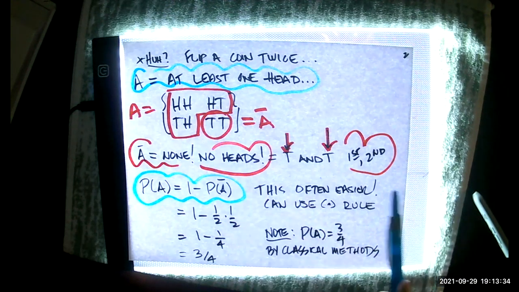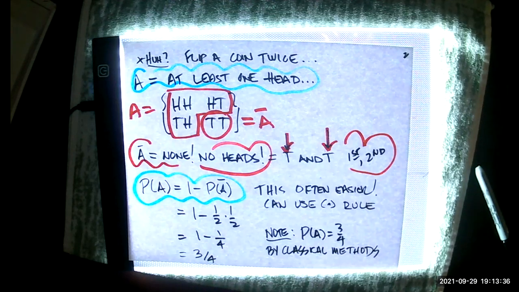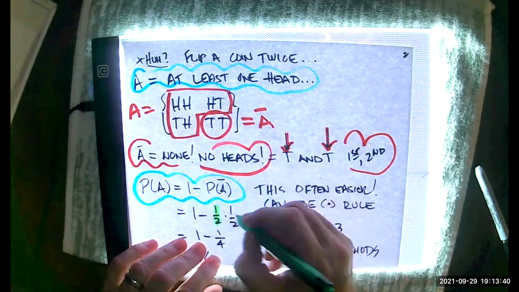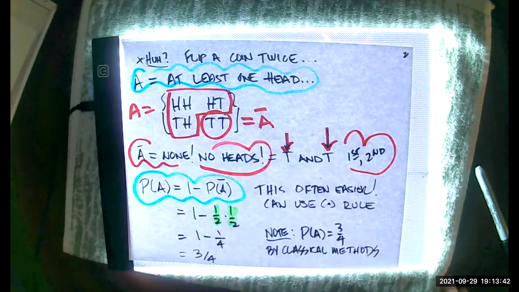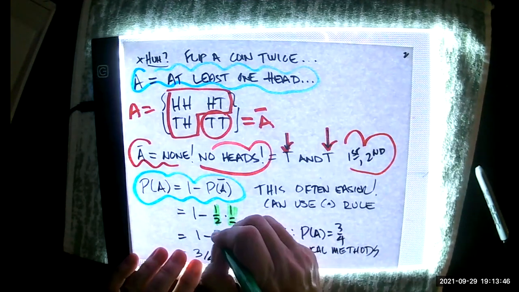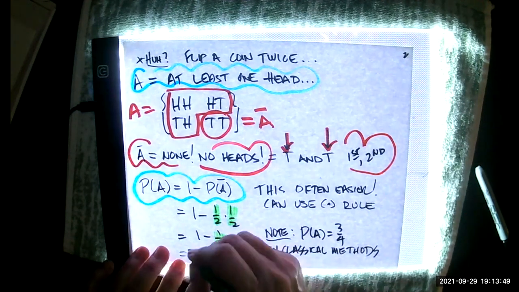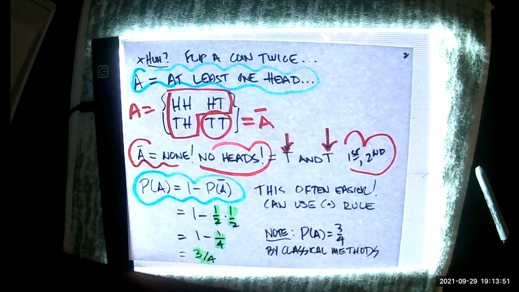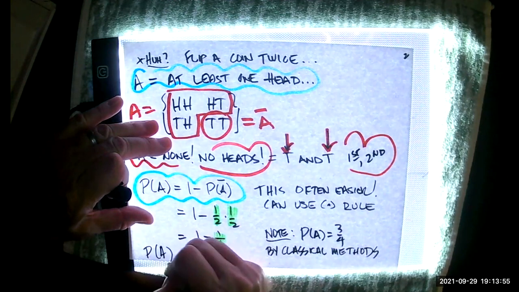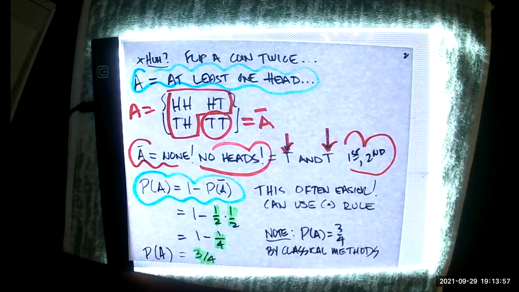Coins do not remember, and the probability that I have a tail on my first flip and a tail on my second flip is literally 1/2 times 1/2. 1 minus 1/2 times 1/2 is 1 minus 1/4, or 3/4. So the probability of at least one head is 3 out of 4.